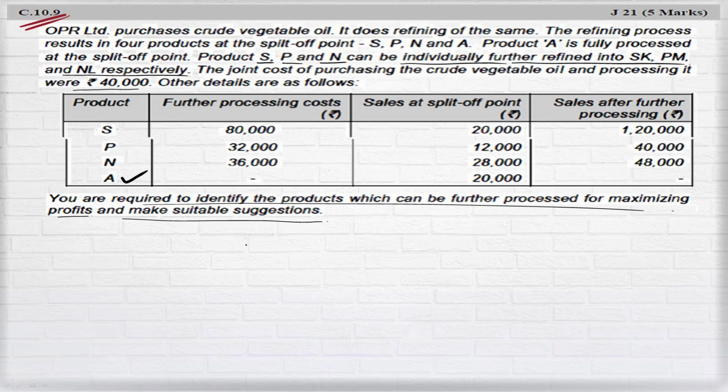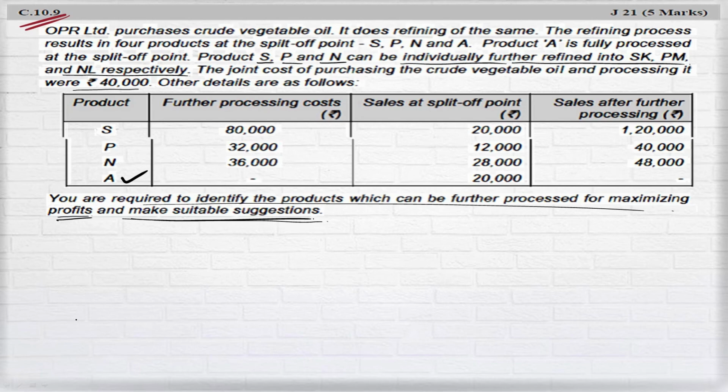They are asking us only one question: you are required to identify the products which can be further processed for maximizing profit, and make suitable suggestion. So I will be just giving suggestion which product should be further processed and which product should not be further processed. I am doing further processing decision only.